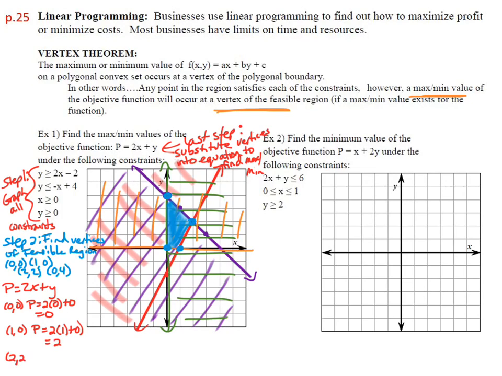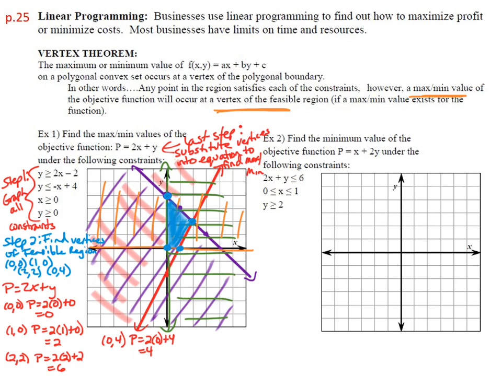At (2, 2), we can say that p is equal to 2 times 2 plus 2, so our value there would be 6. And then our last vertex, (0, 4), we would say that p is equal to 2 times 0 plus 4, so our p value is 4.